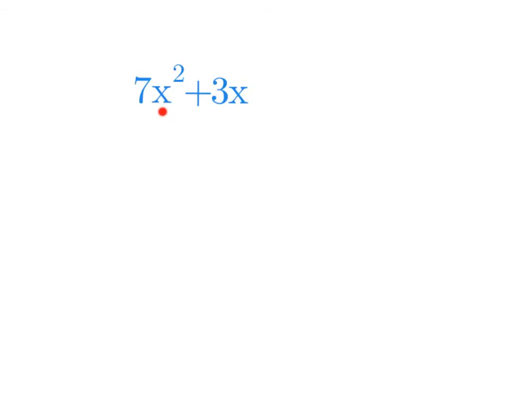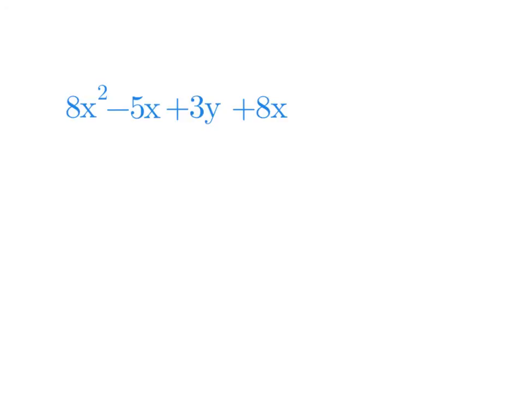Everything that comes after the coefficient has to match exactly for the two terms to be able to be combined. And here's another example of unlike terms. Two terms, both have an x, but this one is an xy. This one is just x, so we cannot combine these. This is as simplified as we can make this expression.